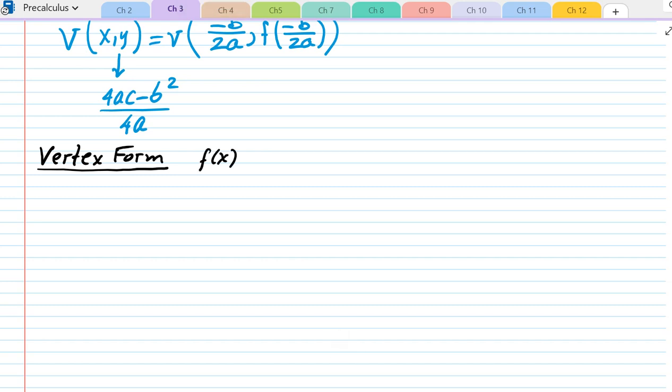We have f of x equals a times x minus h, squared, plus k, and that is the vertex form. h and k indeed are the coordinates of the vertex.